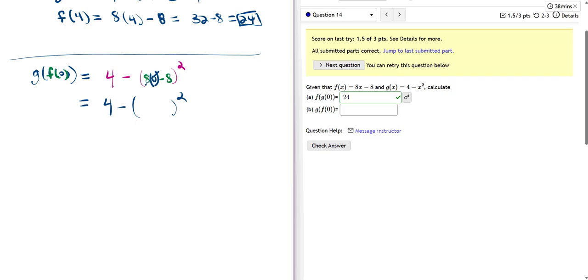So 8 times 0 is 0. Then 0 minus 8 is negative 8. Negative 8 times negative 8 is 64. So I get negative 60.